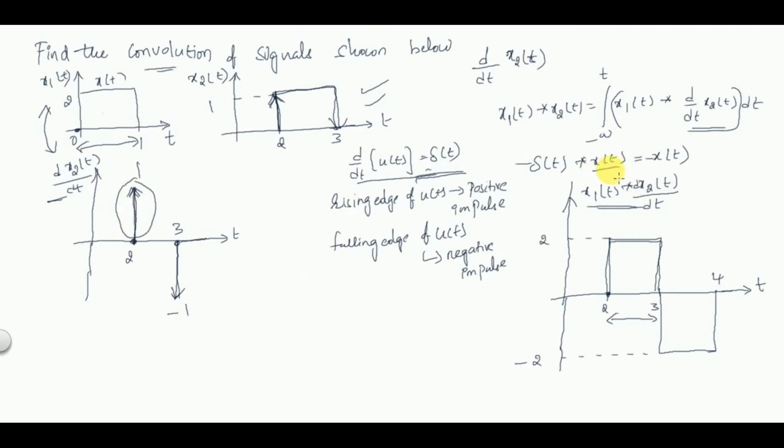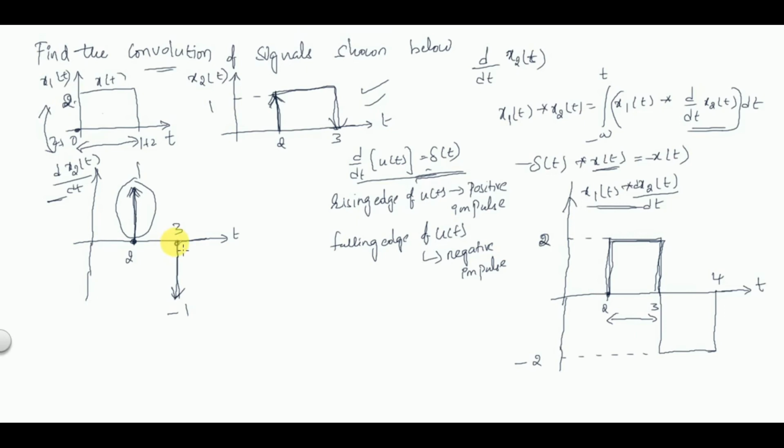Understood? When an impulse function is multiplied by a function, you get the same function at that impulse. Now the impulse starts from 2, so it ends at 3. That is why there is a step signal which starts at 2 and ends at 3 with the same amplitude, which is equal to 2 here.